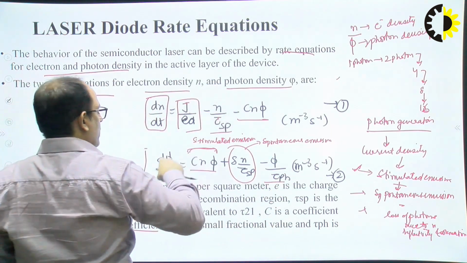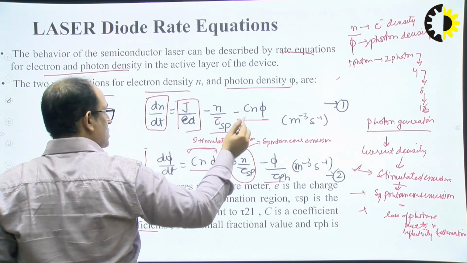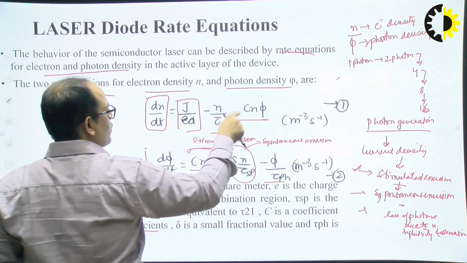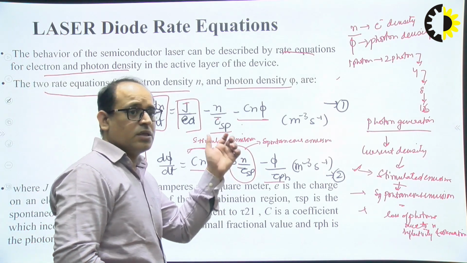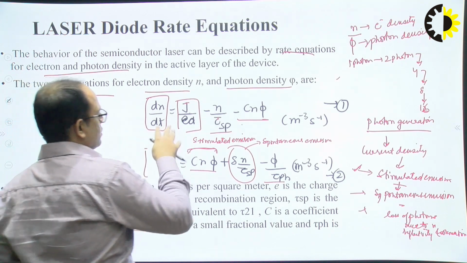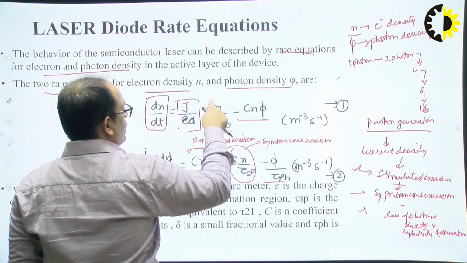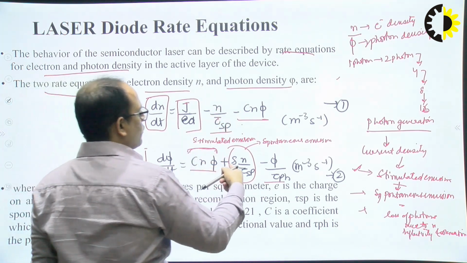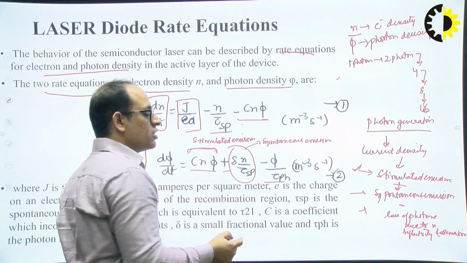Because in the photon density, when an electron generates a photon, this factor becomes positive in the photon generation, and this factor becomes negative for the injected electrons, a depletion of electrons. Similarly electrons also get depleted due to spontaneous emission, and here the photons get added due to the spontaneous emission.